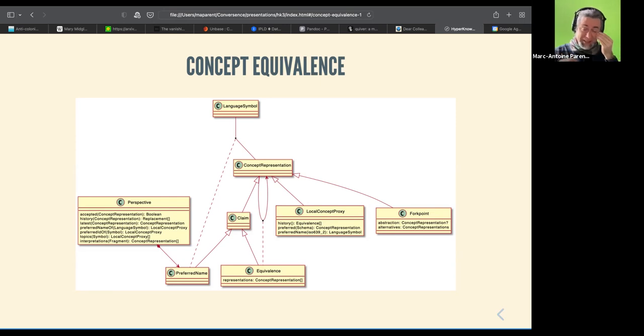We can have replacement between preferred names because they're claims. I can say, oh no, now I prefer this name. And here I think we could enforce that there's not a tree, but a unique preferred name and a unique preferred representation. Again, within a perspective, we can have constraints on accepted replacements to enforce these things.